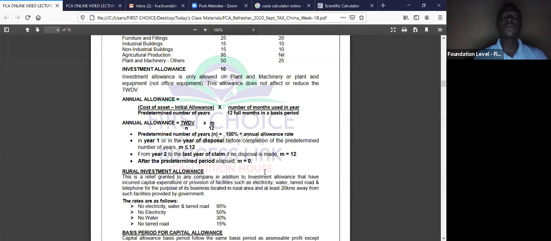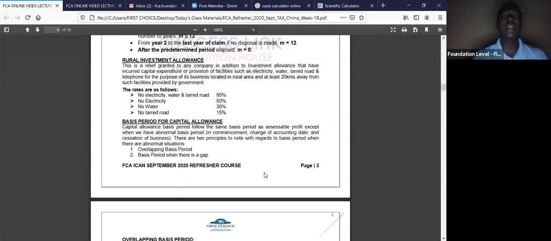Now we have rural investment allowances. These are allowances that have to do with when there are no facilities and you are trying to provide those facilities.